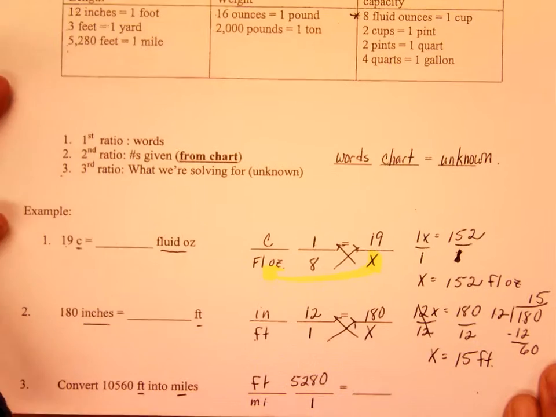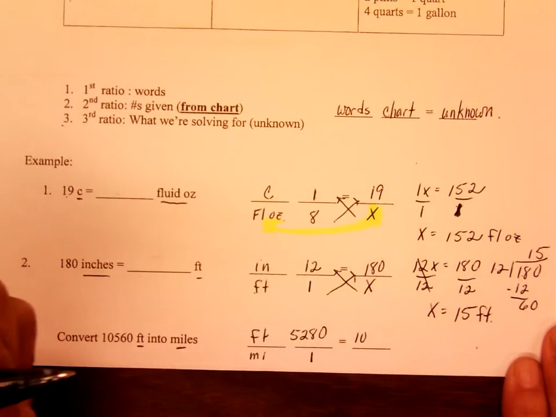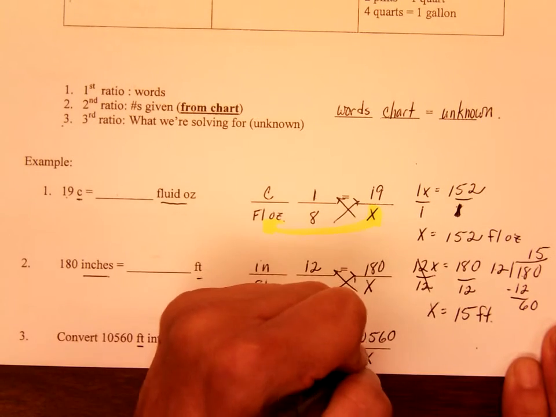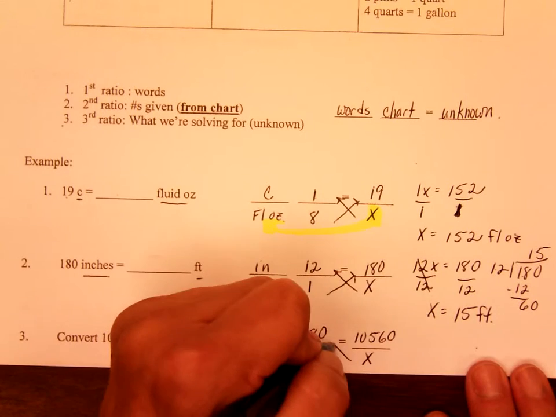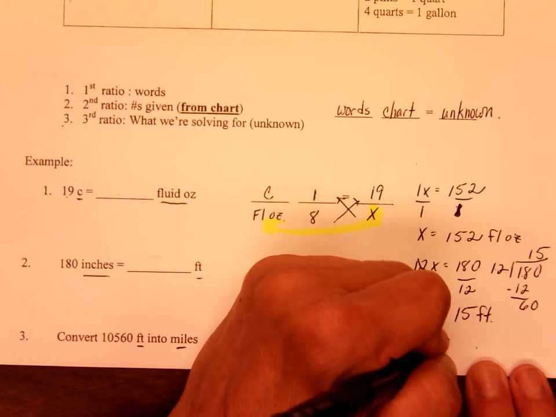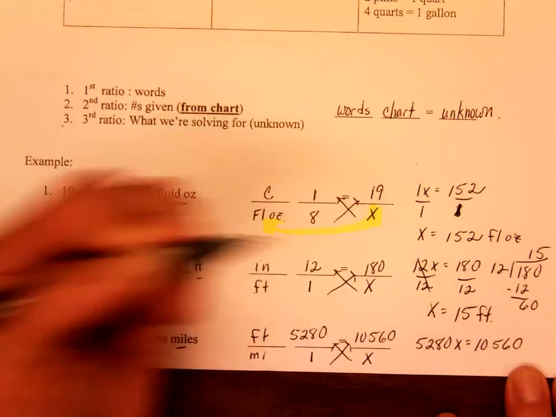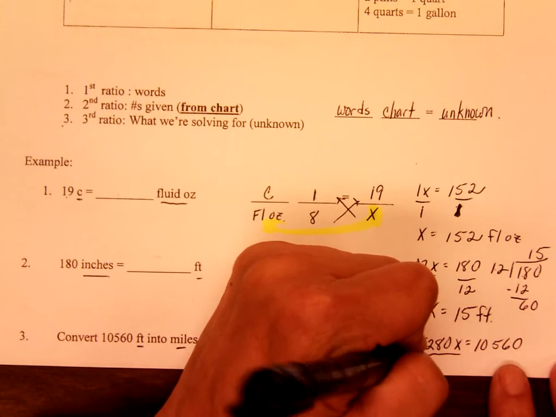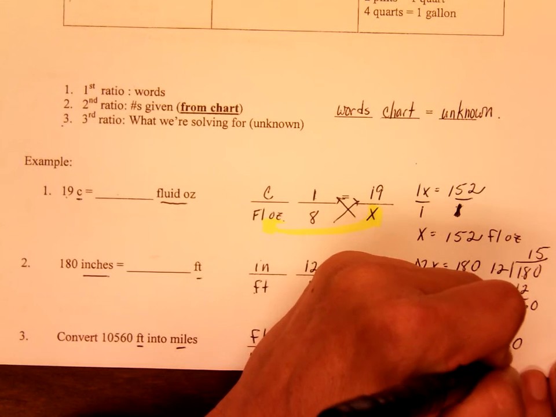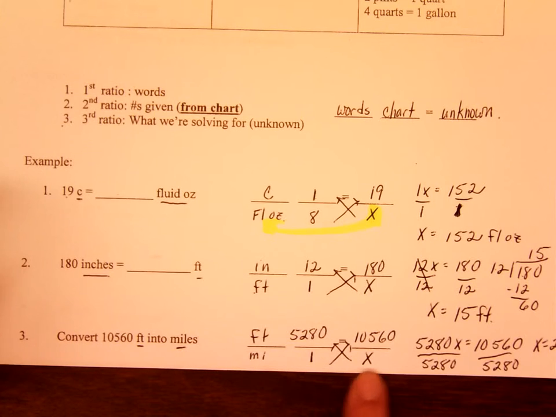Looking at our problem, there's 10,560 feet and the unknown miles. Cross multiply and you get 5,280x is equal to 10,560. To get x by itself, you divide by 5,280 on both sides. And x is equal to 2. And look at where x is, it'd be 2 miles.